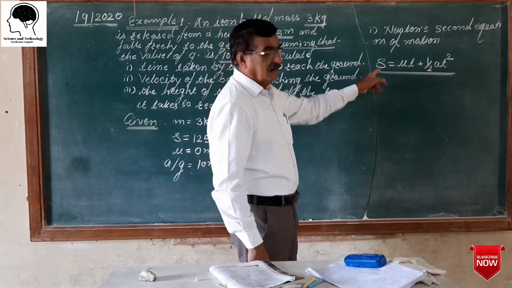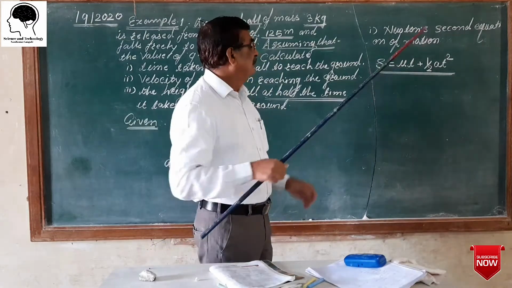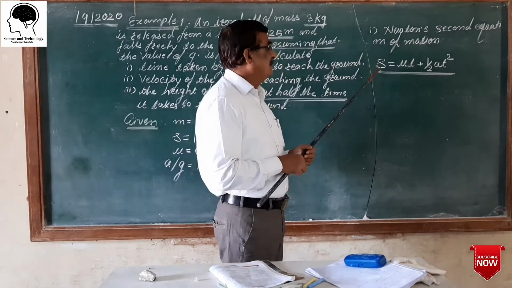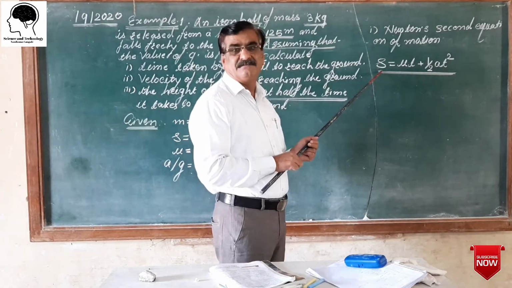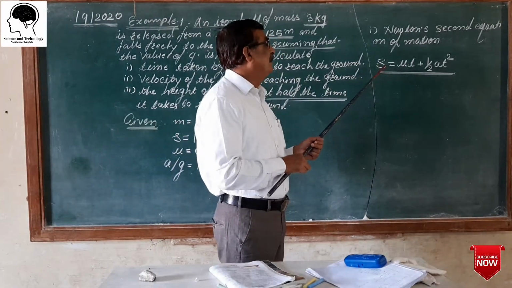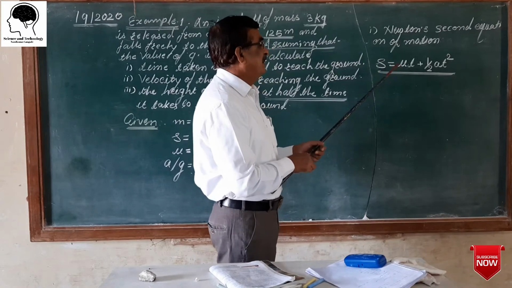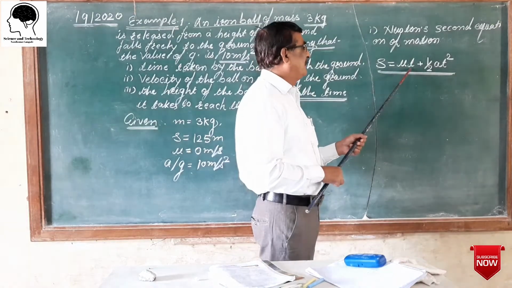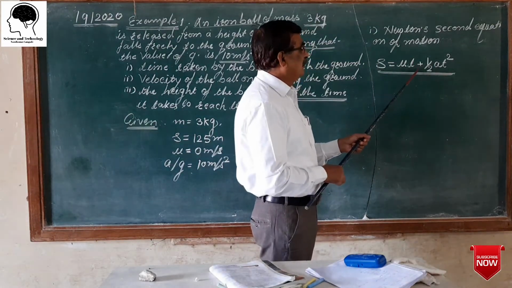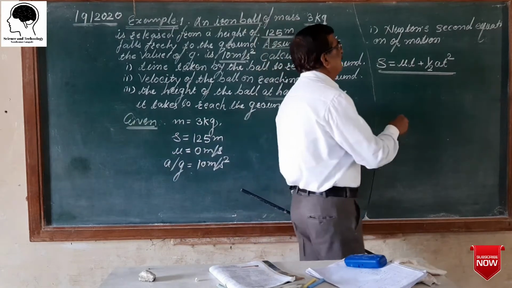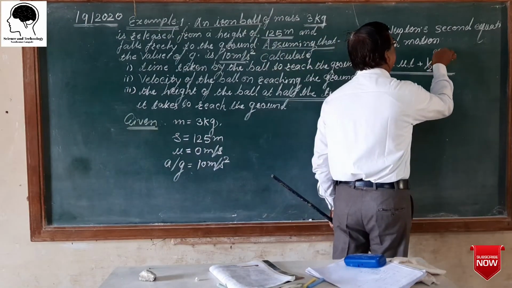Here, to use this equation of motion, S is given and it is 125 meters. Then u is not given, t we have to calculate, plus 1/2 at square. Here a means g.